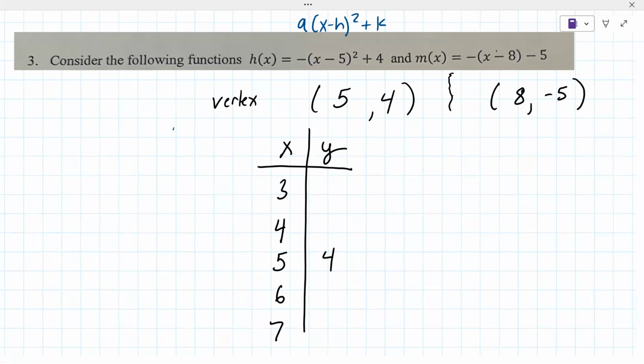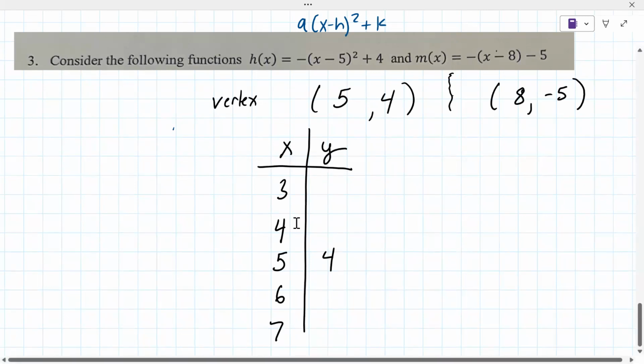Okay, now to get the y values, you have to put each of these x values into the equation, which at first glance seems like a lot of work. But there's some symmetry that we can use, and you'll find that 6 and 4 give you the same output, 7 and 3 give you the same output because of symmetry, and we'll see that in a moment.